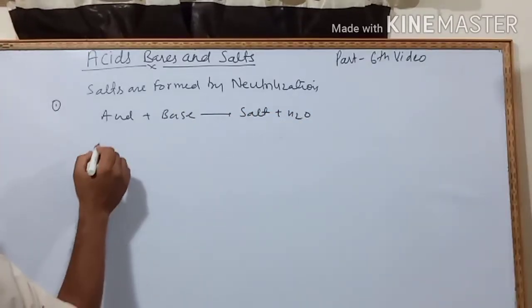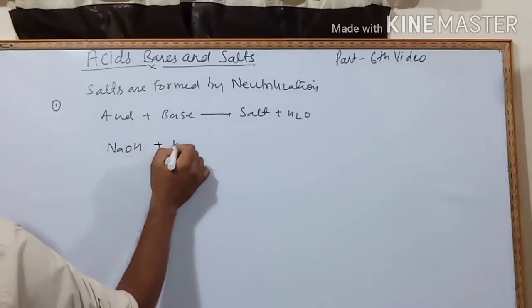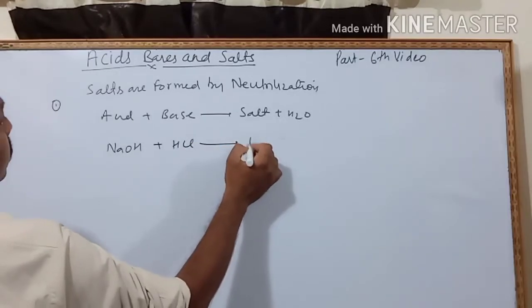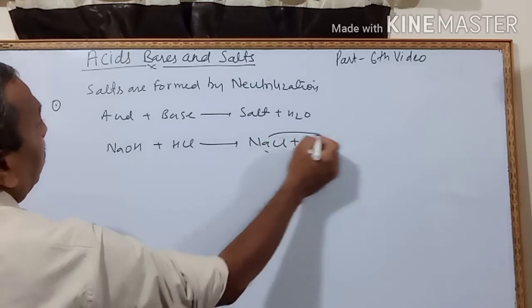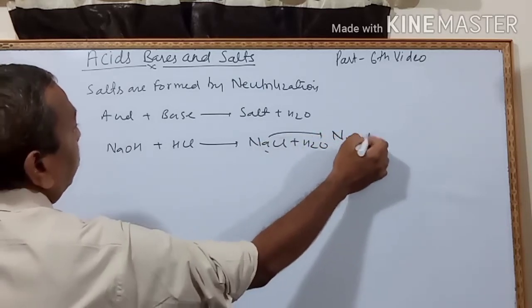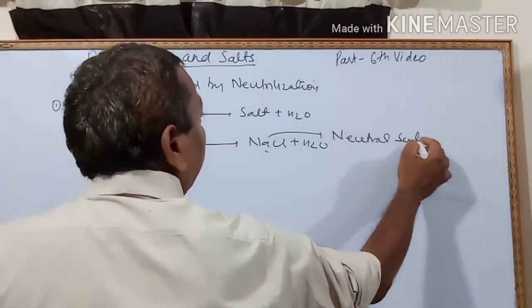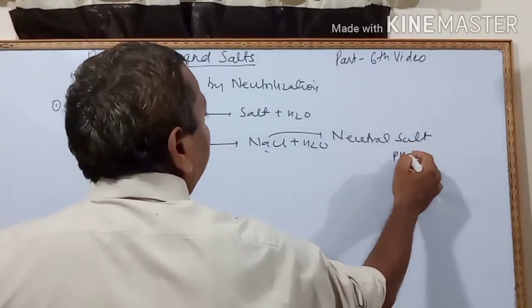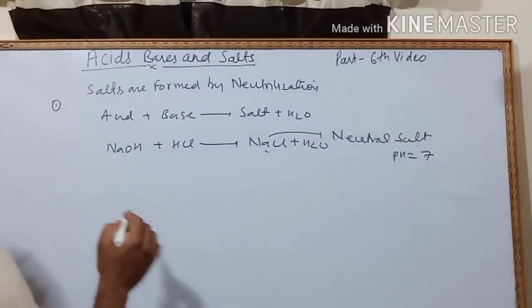If we take NaOH plus HCl, we get NaCl plus water. So NaCl is a neutral salt. The pH of this salt solution is 7.